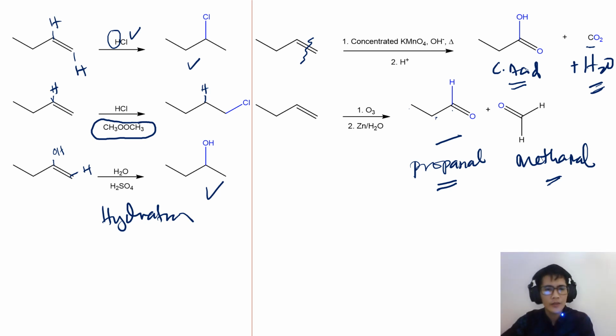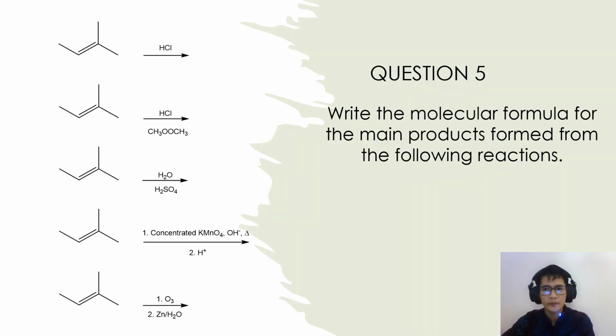Okay, the last question. Similar to question number 4, but the difference is this one is the combination of the secondary and the tertiary carbon. So same as previous, according to the Markovnikov rule, the H will be added to the carbon which has more H. So the secondary carbon still has 1 hydrogen atom, but the tertiary carbon has no more hydrogen atom.